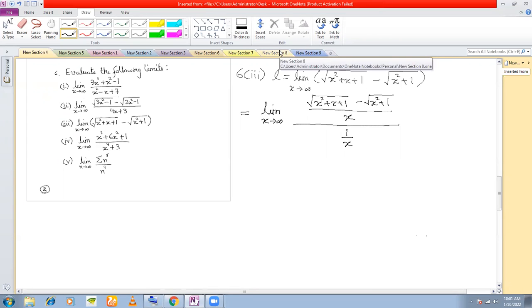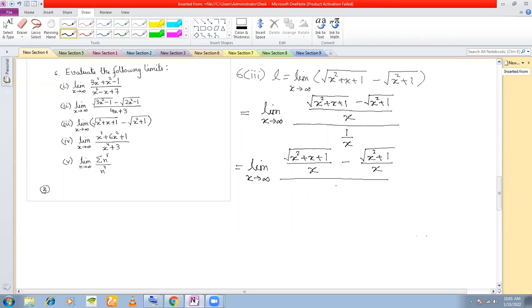Okay. Now what you are going to do here is, in the numerator, you're going to first separate, minus, okay.